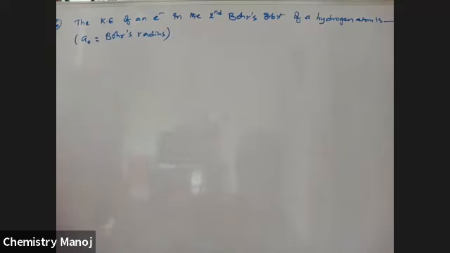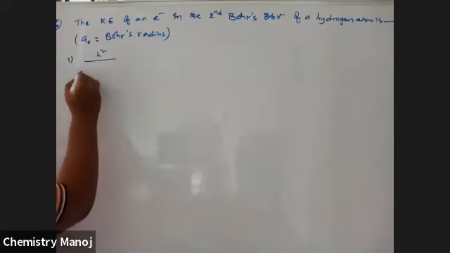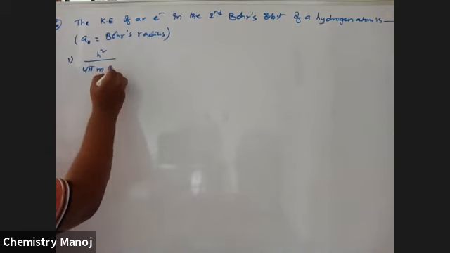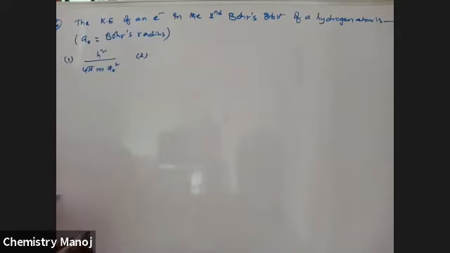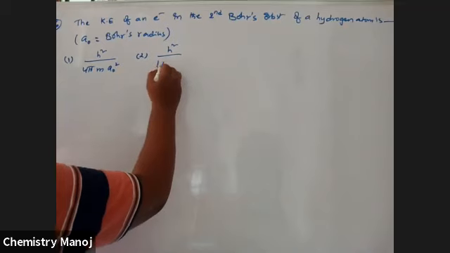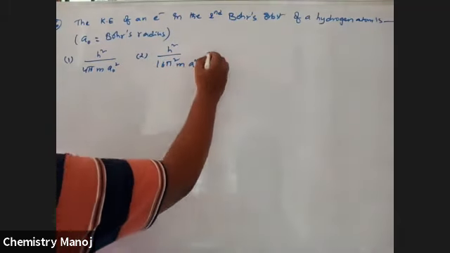Now I am going to give some options to you. Option 1, h square by 4 pi m A naught square. Option 2, h square by 16 pi square m A naught square.